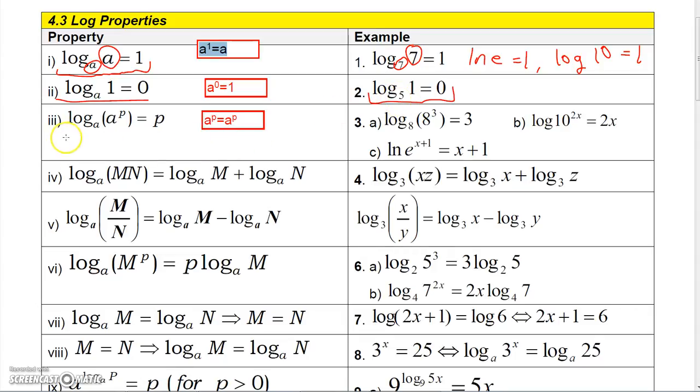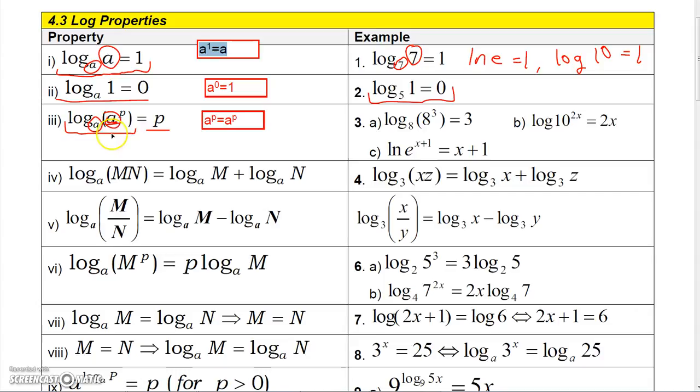Also, the next one says if you take the log of a to the p, where this is base a, and the base is the same here and here, then this log is just going to equal the power p.